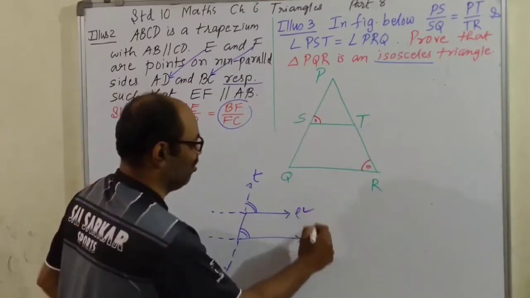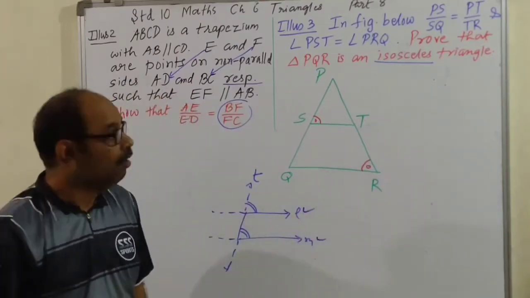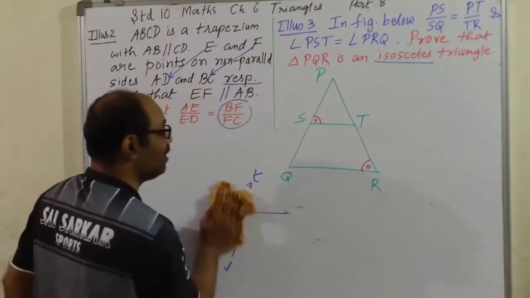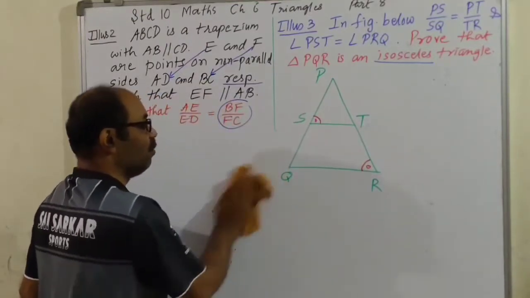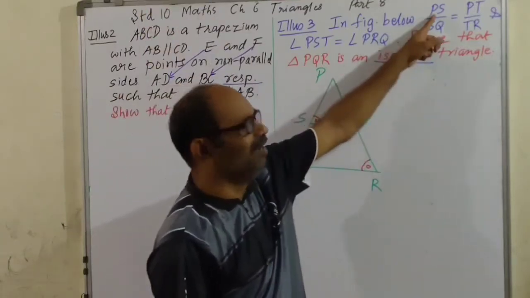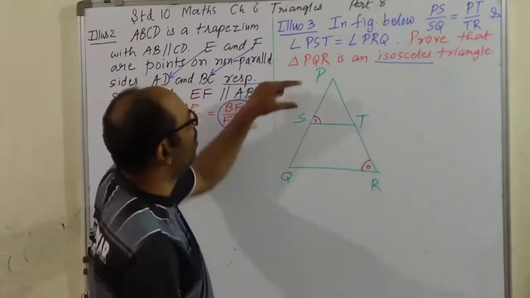But if these two lines are parallel, that line ST is parallel to line QR is not given. So first you will have to prove that, and that is proved automatically by theorem 6.2.